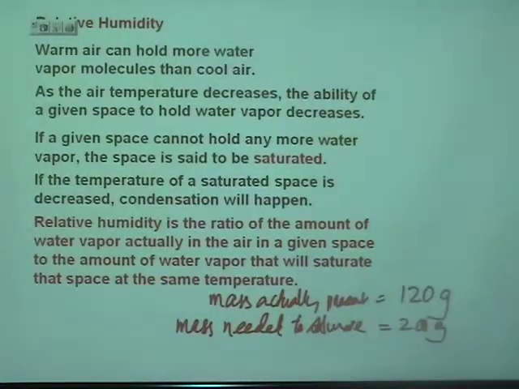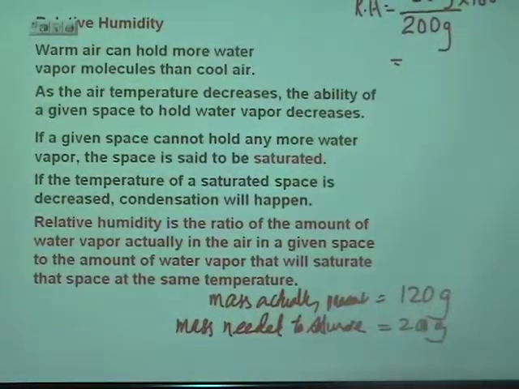So, I can calculate the relative humidity as, watch the top right hand corner of the screen. Relative humidity is equal to the mass of water vapor actually present, 120 grams, divided by the mass of water vapor that will saturate the space, 200 grams, and if you multiply that by 100, it gives me the relative humidity in percent.